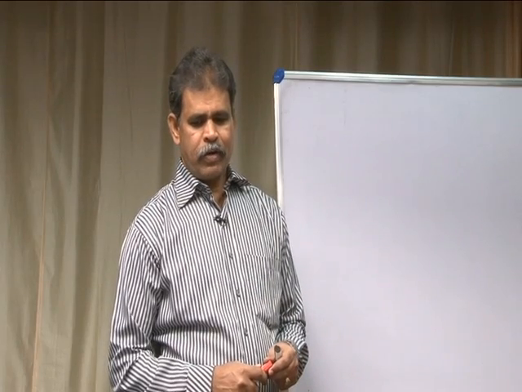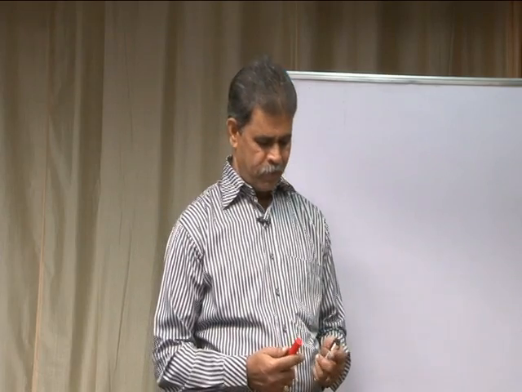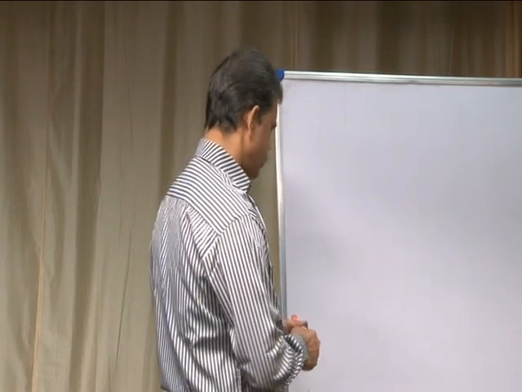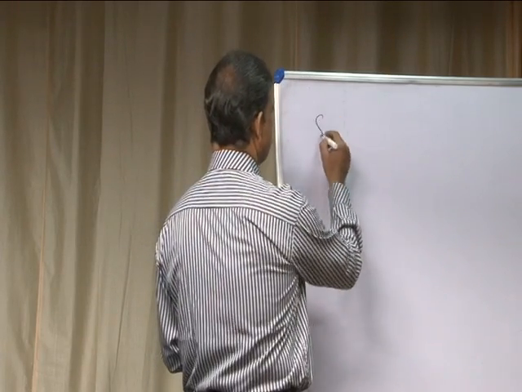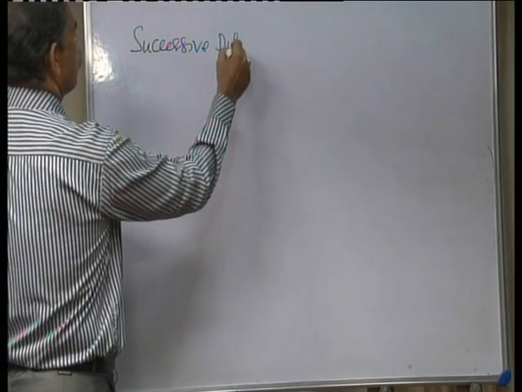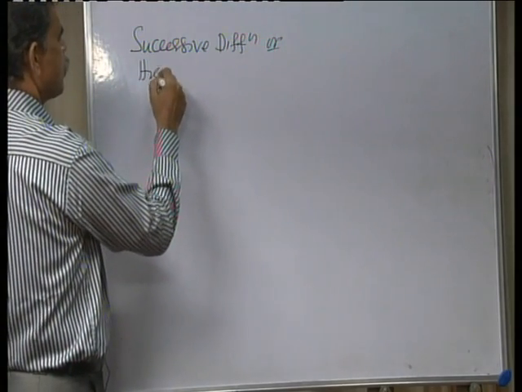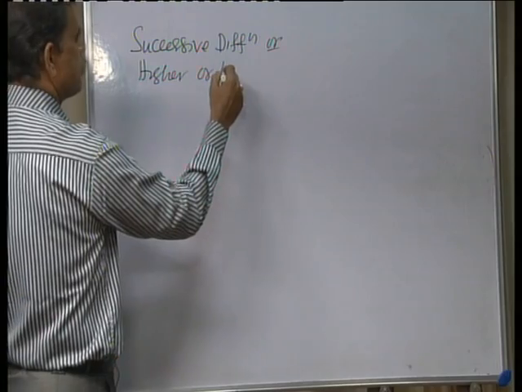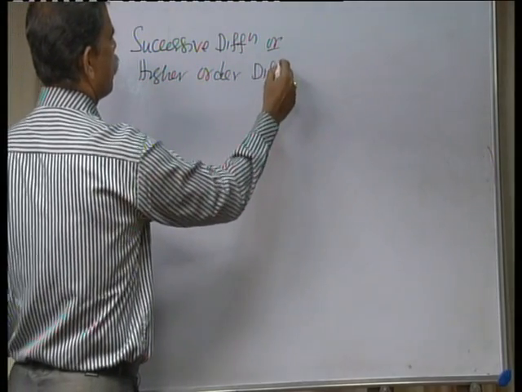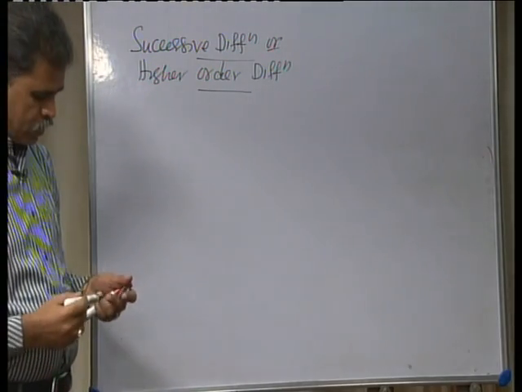So, we have discussed the differentiation of higher order derivative. What it means? Successive differentiation, or it can also be called higher order differentiation. I already explained the meaning of it, again I will repeat it.